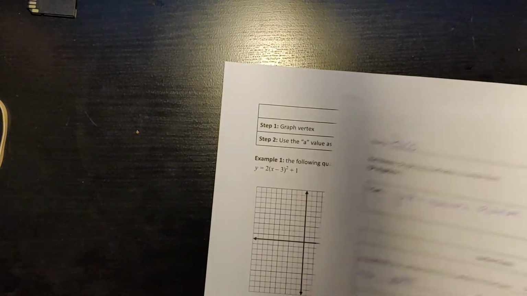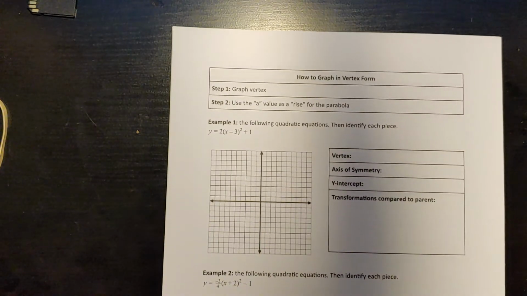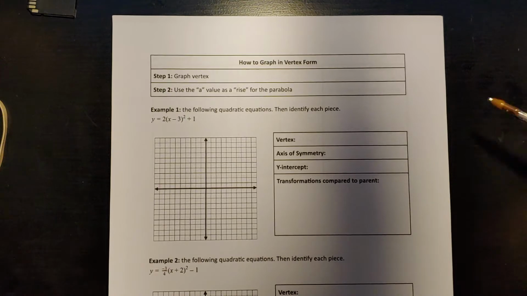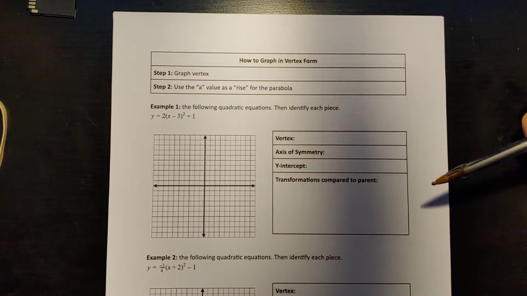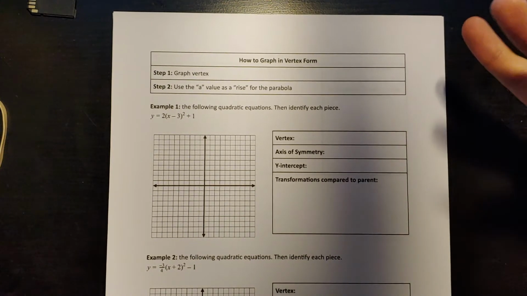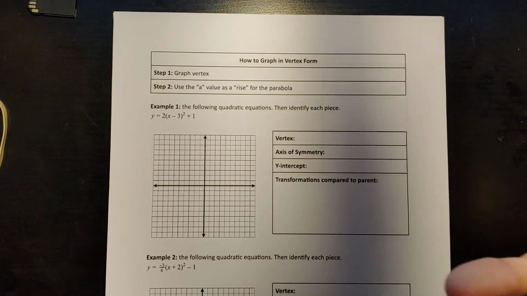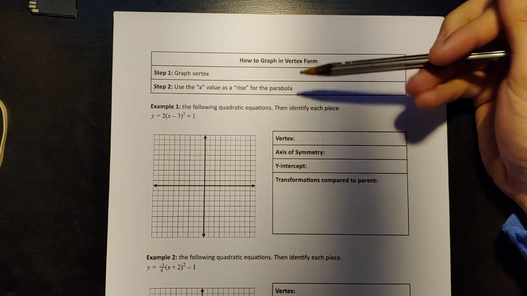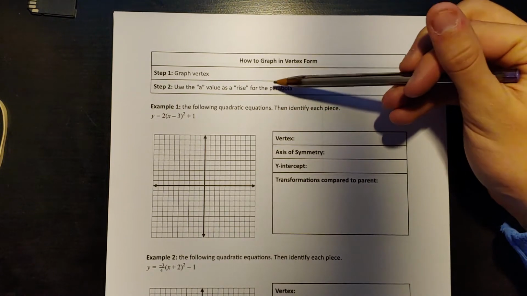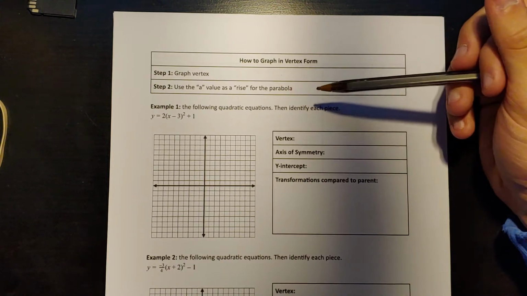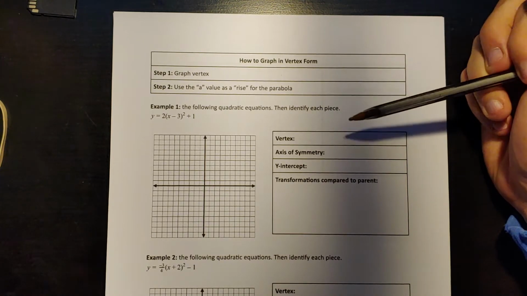Okay, so if you flip over to the next page, there are some things to keep in mind to make a nice basic parabola. We're going to graph the vertex, and then we're going to use the a as the rise for our parabola.